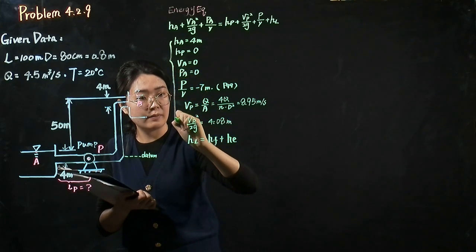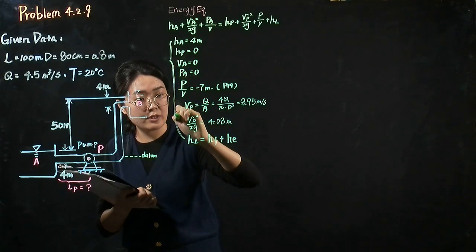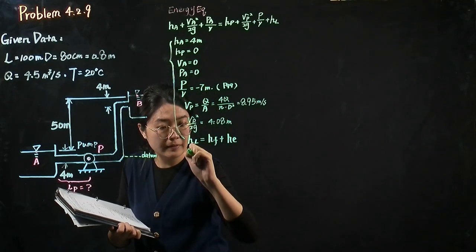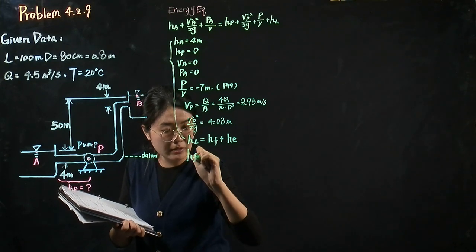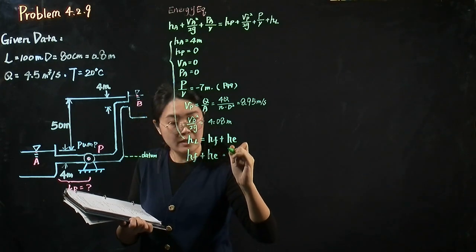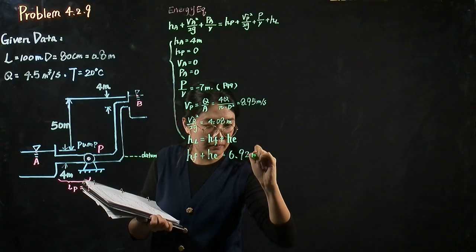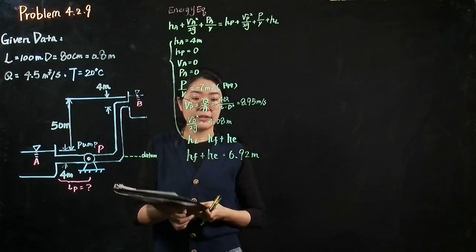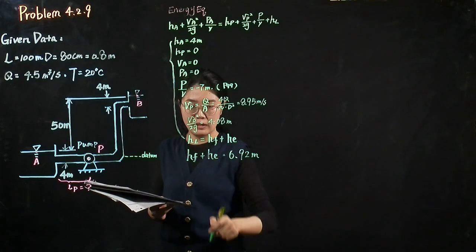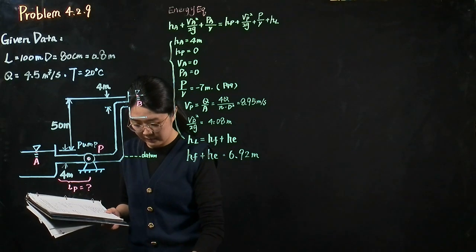After we substitute this back into the energy equation, we get the friction loss plus the loss caused by the entrance equals 6.92 meter. So our next step is to calculate the value of the friction factor and also the loss caused by the entrance.